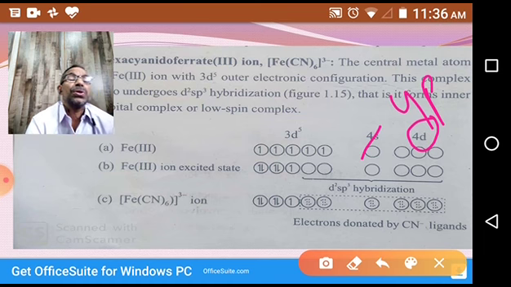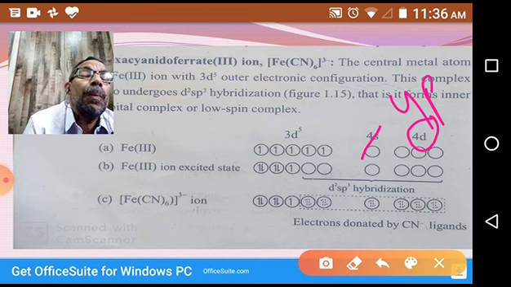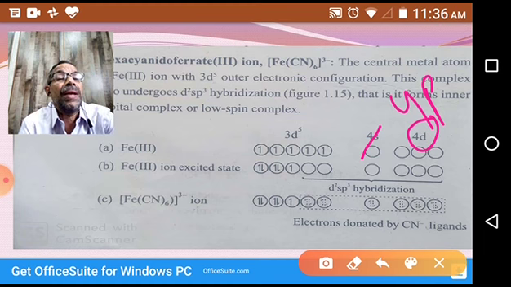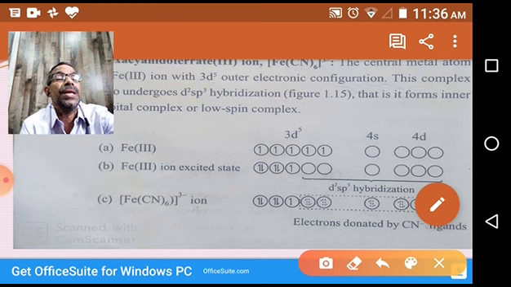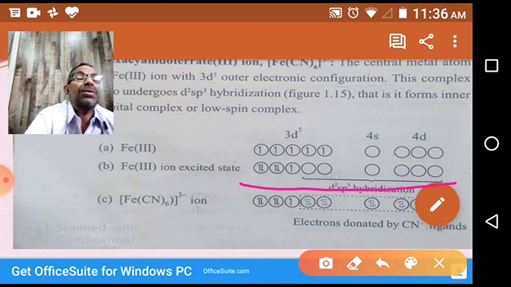So in the excited state, pairing up takes place to make 2 3d orbitals available for hybridization. After pairing, this electron goes to this one, this electron goes to this one. That's why you get 2 pairs and 1 unpaired electron. So this is the electronic configuration in the excited state of iron+3 in this complex.